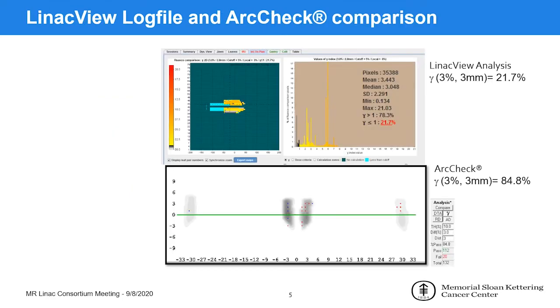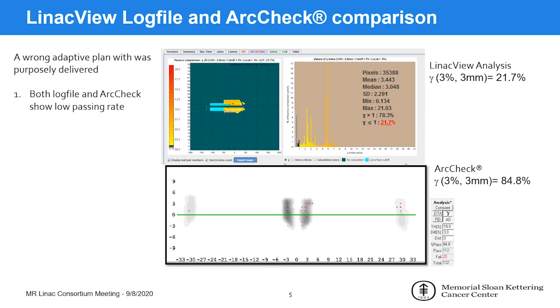Here is an example of a wrong plan purposely delivered to check the system's ability to catch errors. As you can see on the left, both log file and ArcCheck show a low gamma passing rate. However, in general, the log file analysis seems to show a significantly lower passing rate with the same failures, as shown here.